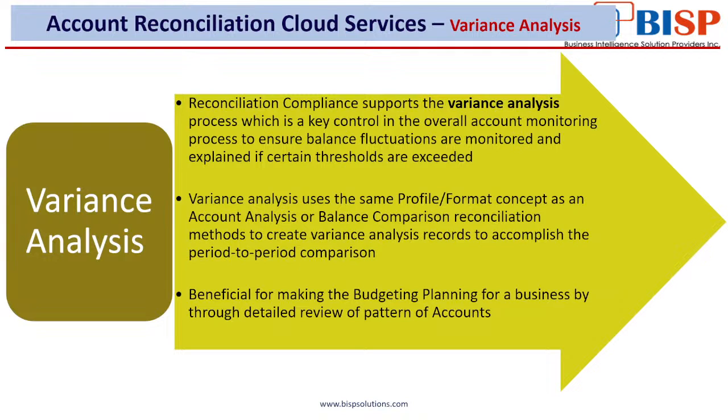That is, we keep control on the fluctuations which occur in the different account balances and explain them if certain thresholds are exceeded. If a fluctuation is more than the threshold limit, we can provide an explanation with the help of this variance analysis method.